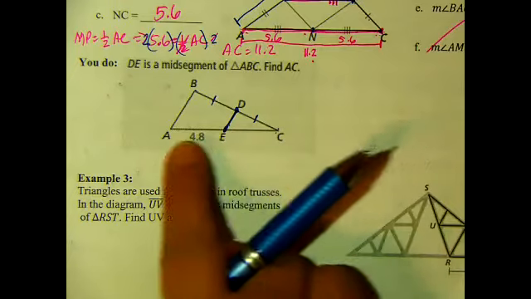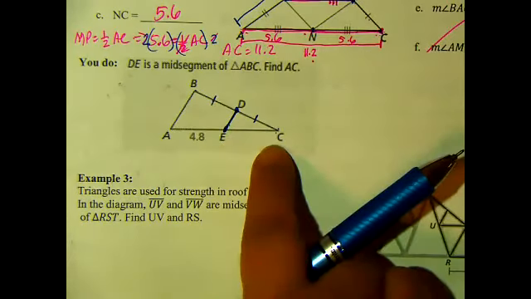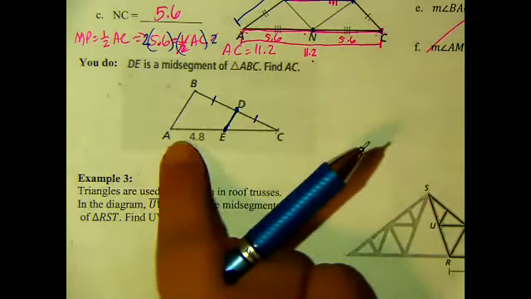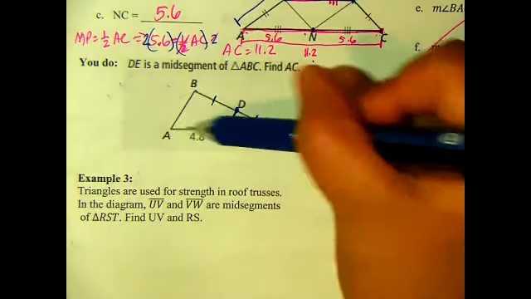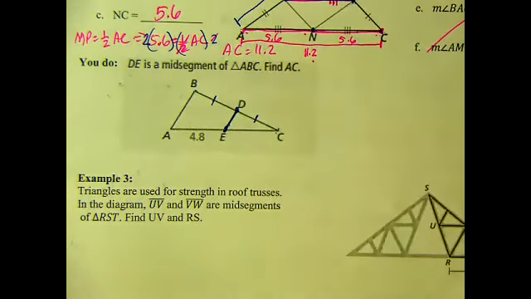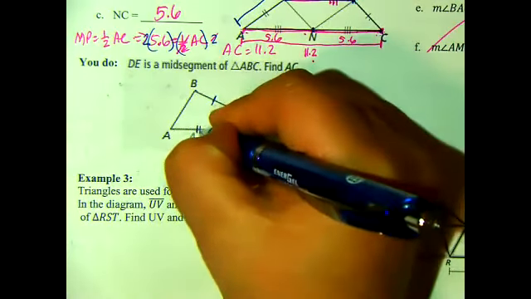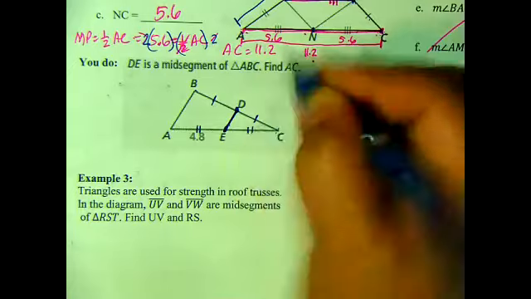What does that mean about AE and EC? If E is their midpoint, they are congruent, yes. That means this guy is congruent to this guy.